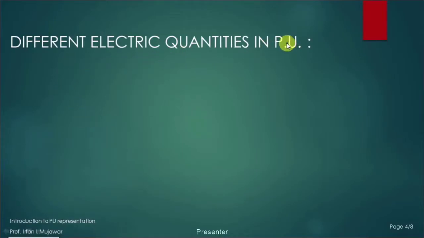So let us see different electric quantities in per unit. So how to express various electric quantities in per unit, let us see. Now to study this, we will use few symbols as follows. IA is the actual current in ampere. So this subscript A represent the unit of that particular electric quantity. Unit of current is ampere.